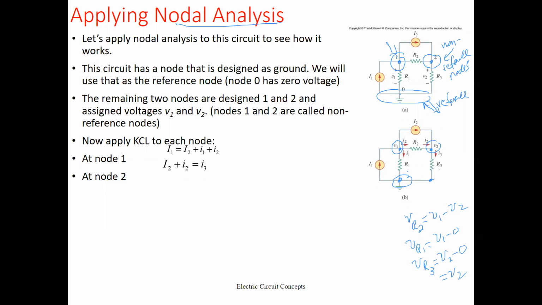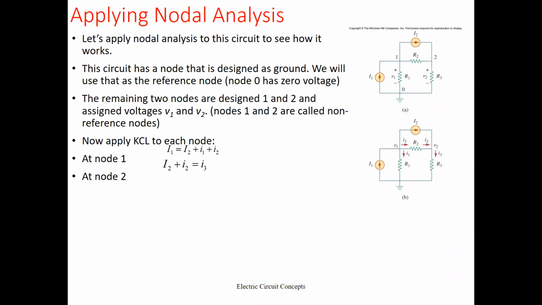So again, always the voltage across the resistance is determined by where the current is flowing. The current starts from node number 1 going down. So always we start with that voltage, with that point V1, minus the voltage where the arrow is going to. Same thing here for the I2. We see I2 is going this way.